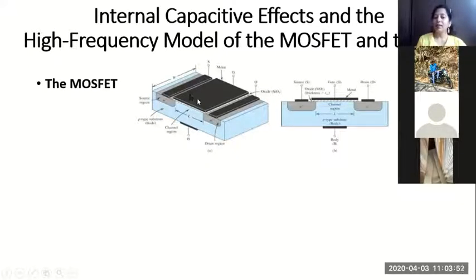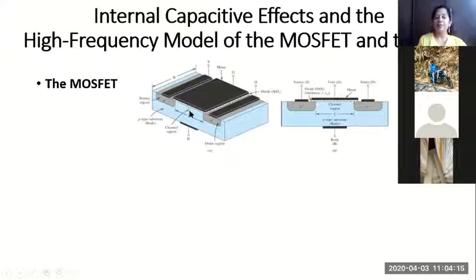And from the gate alone, see this gate, the metallic or polysilicon material which is put on the oxide layer. This dashed line here is the oxide layer, the SiO2, silicon dioxide layer, and below that the channel will be formed. Due to this gate alone, there will be three more additional capacitances.